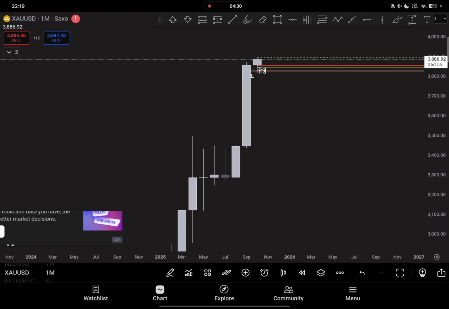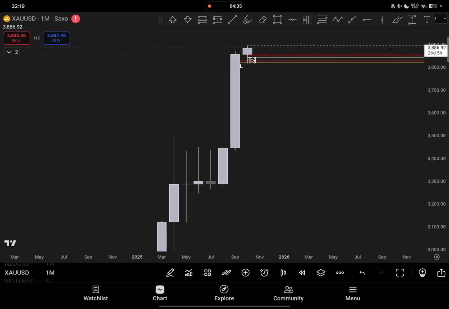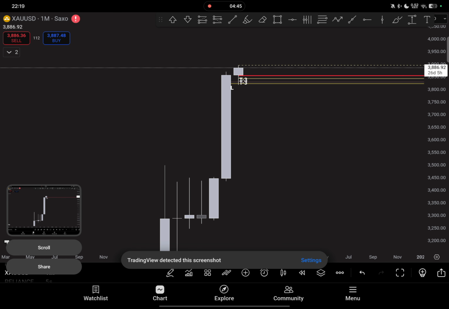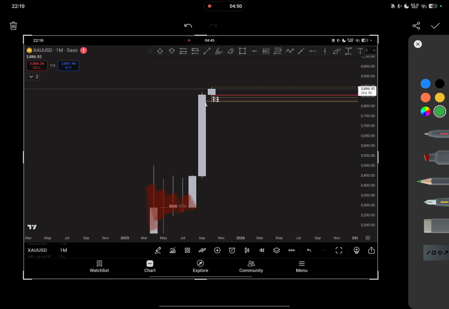Jumping on to price action, we are on Saxo. Now monthly, same score. That's your monthly chart. Of course we were bullish the previous month, and what I was seeing is a lot of consolidation right here, and then we finally got a breakout.